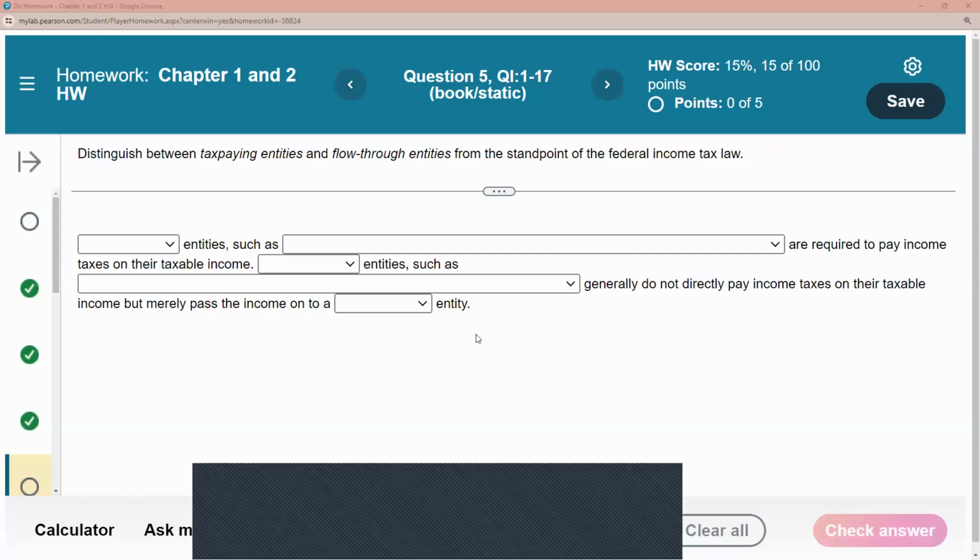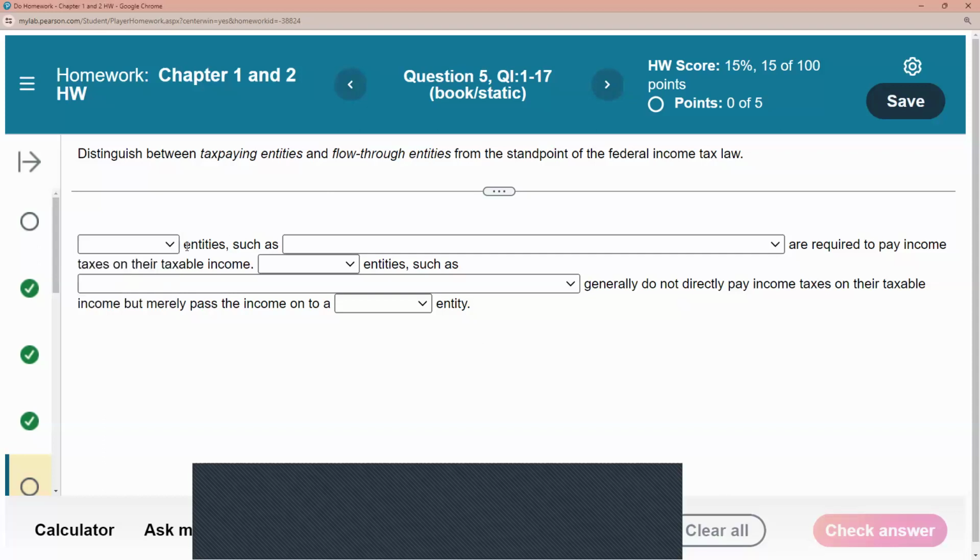An LLC can be a single-member LLC, which is treated as a disregarded entity and files Schedule C. Or we can have a multi-member LLC, which is treated as a partnership and can file Form 1065 unless it makes an election. And then there are also LLPs, limited liability partnerships. They file Form 1065, as well as trusts and estates.